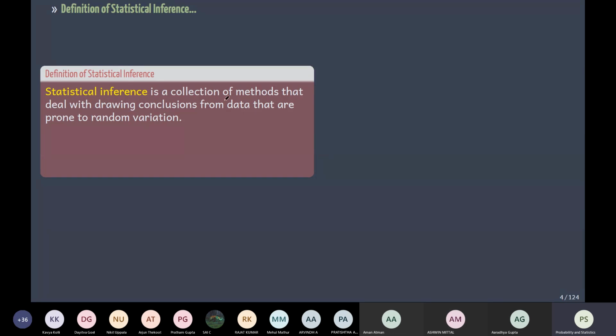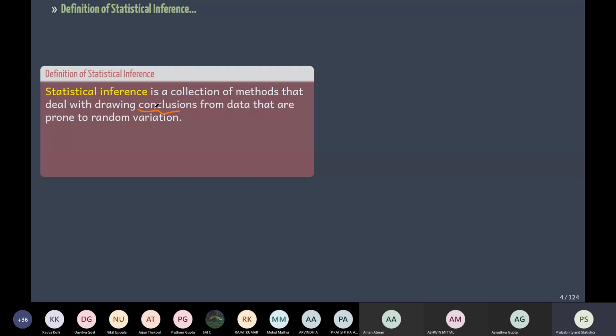Statistical inference is a collection of methods that deal with drawing conclusions from data that are prone to random variations. Drawing conclusions from the data, or in other words, inferring. Inference is like making a conclusion.